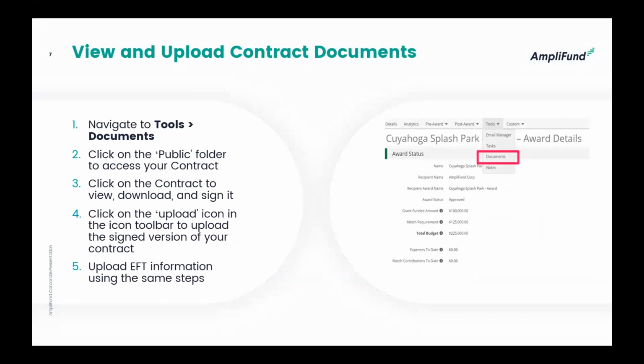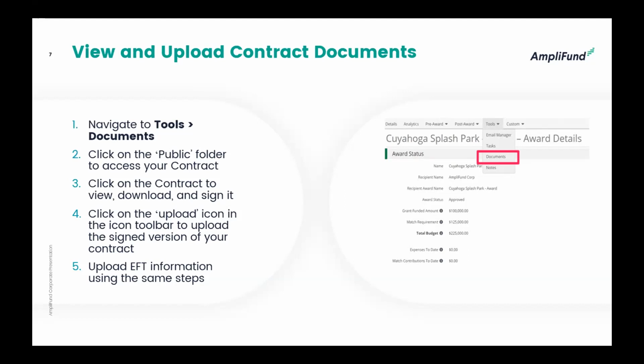I mentioned that one of the main action items that we're going to want you to complete right away is to access your contract via the documents folder. We're going to want you to click on that contract, view it, download it, sign it, and then upload the signed version back into the documents folder. This slide walks through the step-by-step on how to access and upload that information.